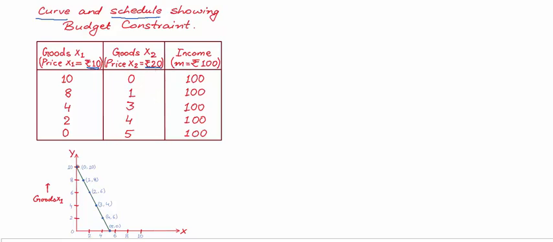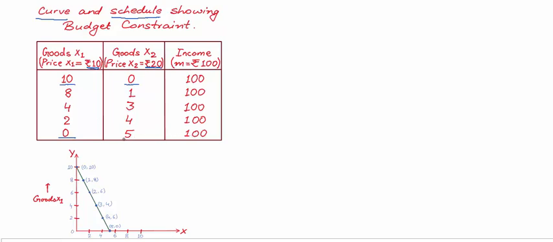To know the budget constraint of the consumer, let's first assume that the consumer is not consuming any quantity of good x2. In this case, out of his 100 rupees, he can purchase 10 units of good x1. Whereas if we assume that the consumer is not consuming any quantity of good x1, then he can buy only 5 units of good x2.